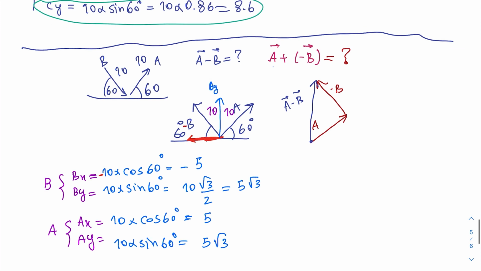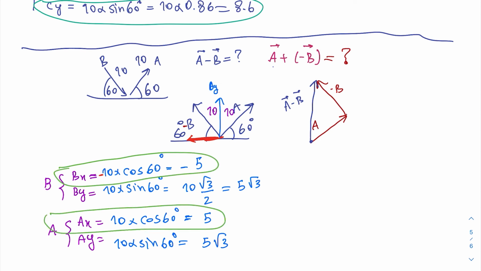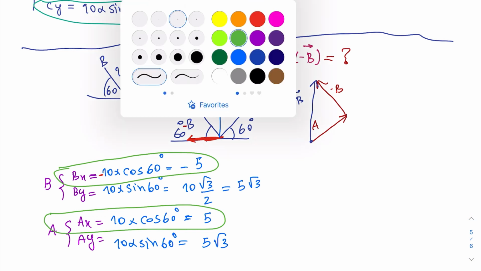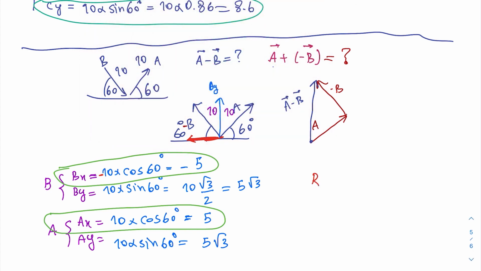So then again, I will use the same technique. I will add up x components together and y components together. Let's call the resultant vector components Rx and Ry. So in x, the final horizontal component, I need to add up all x components.